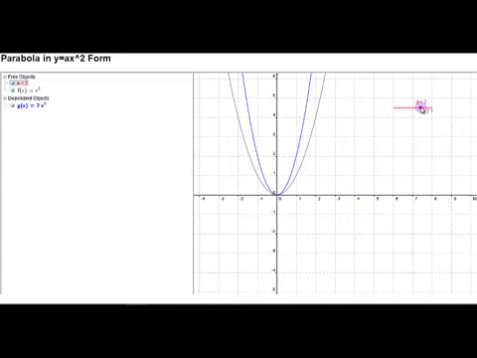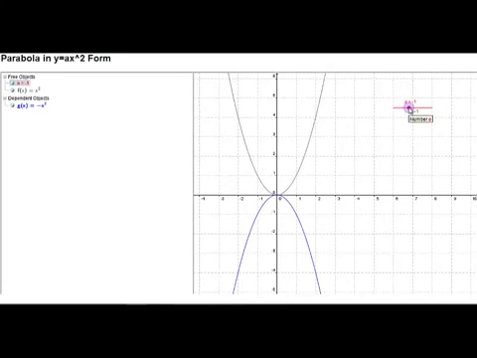If we move it to a negative number, let's say -1, then it's the same width and shape as the original gray parabola, but it's upside down. So when we have a negative value for a, -x squared, it's going to be opening down.